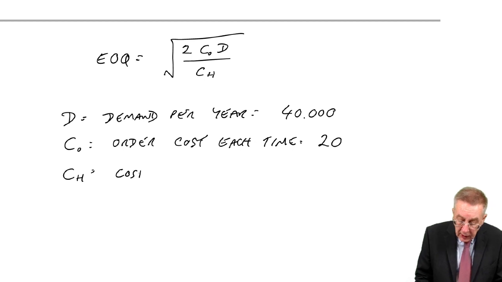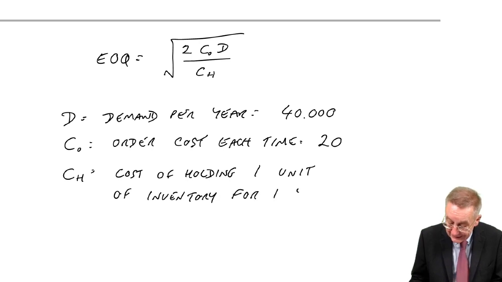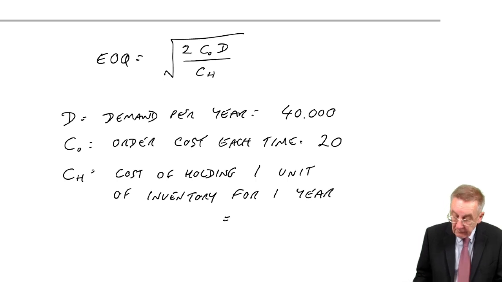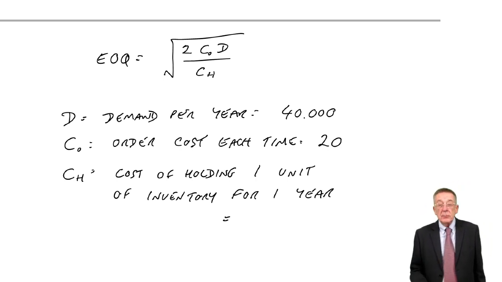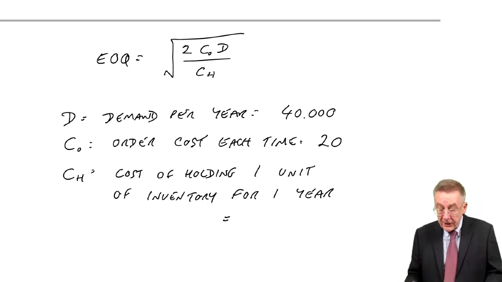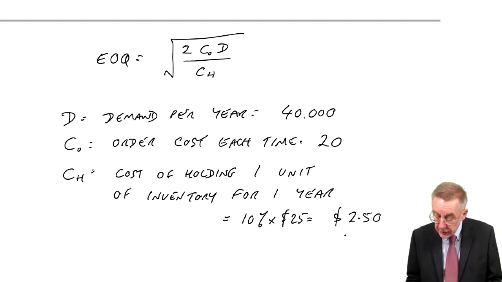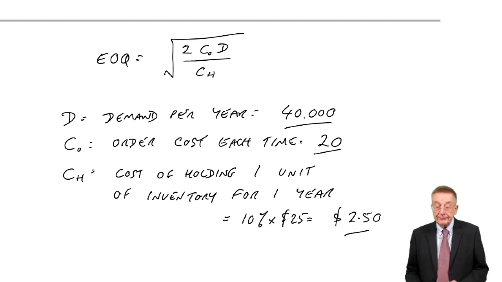It's the cost of holding 1 unit of inventory for 1 year. And if you look back at our example, example 1, it said it was 10% of the inventory value, the purchase price. Purchase price was 25, and therefore CH is $2.50.